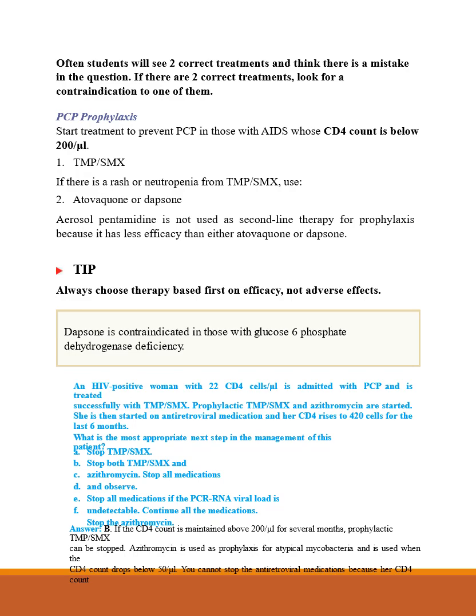Aerosol pentamidine is not used as second-line therapy for prophylaxis because it has less efficacy than either atovaquone or dapsone. And there is a clinical tip here which states to always choose therapy based first on efficacy, not side effects. You have to remember here that dapsone is contraindicated in this patient with G6PD deficiency.